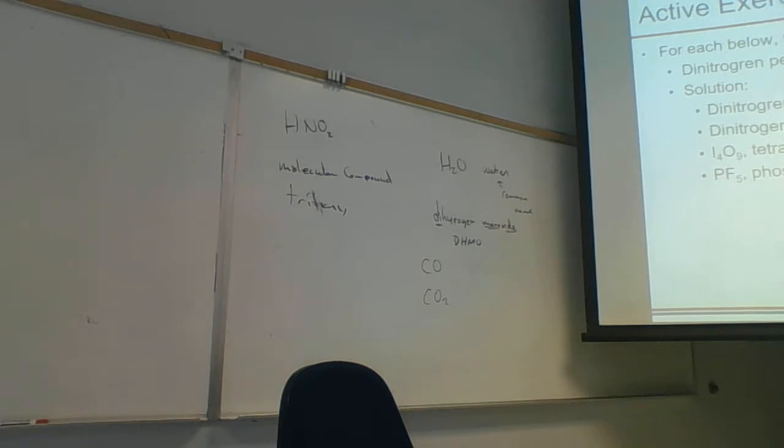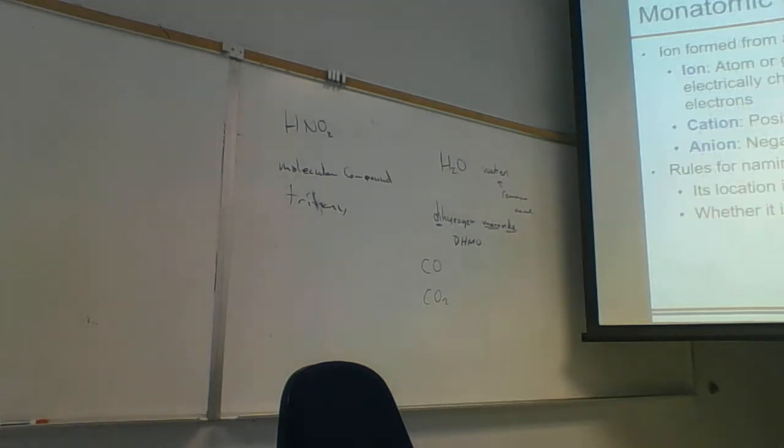Ionic compounds consist of ions. So the first thing we need to do is learn how to name ions. Ions are either going to be positively charged or negatively charged due to an imbalance of electrons. Cations are positive charge. Anions are negative charge.